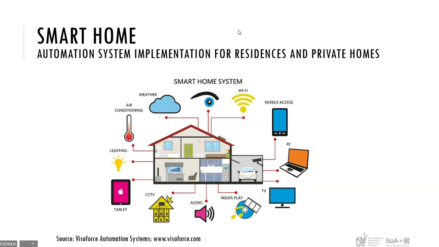For smart homes, everything is a little bit more dimmed down. However, people like to have the full range of possibilities. The smart home system is much more for individual comfort than for building operation as a whole.